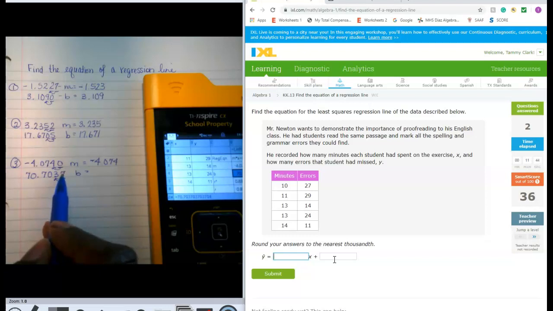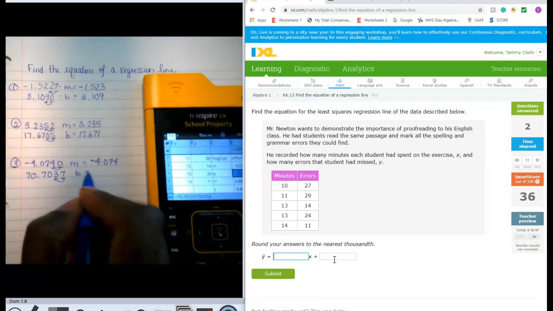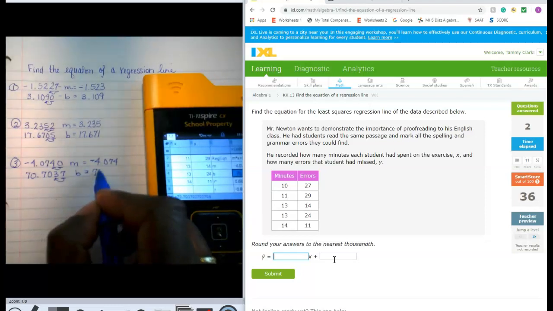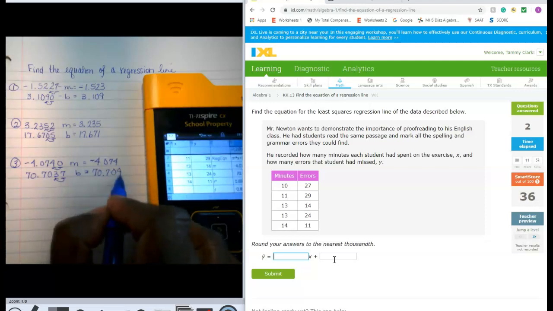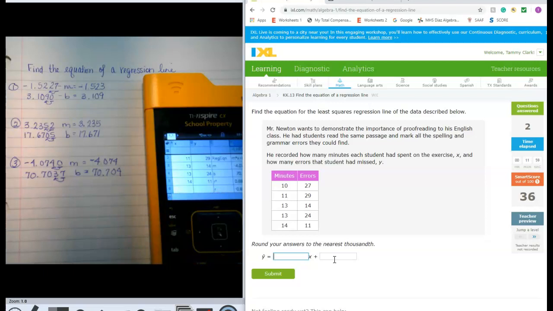Well, the 7 is greater than 5, so that means that we need to increase the 3 by 1, which takes it up to 4. So our y-intercept will be 70.704. So we're going to put in our answer as negative 4.074, and our y-intercept is 70.704.